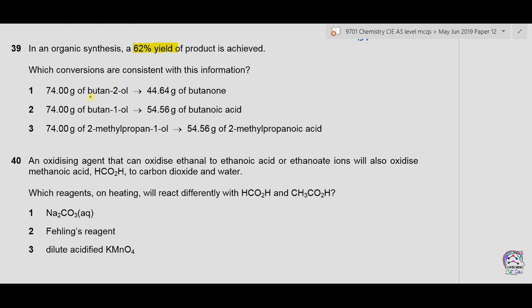Let's first find out the molecular masses of butane 2-ol, butanone, butane 1-ol, butanoic acid, 2-methylpropane 1-ol and 2-methylpropanoic acid. So butane 2-ol is like this.